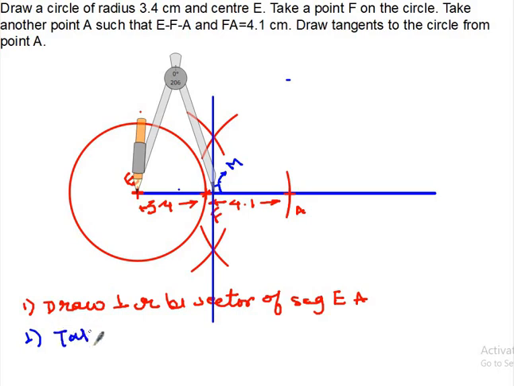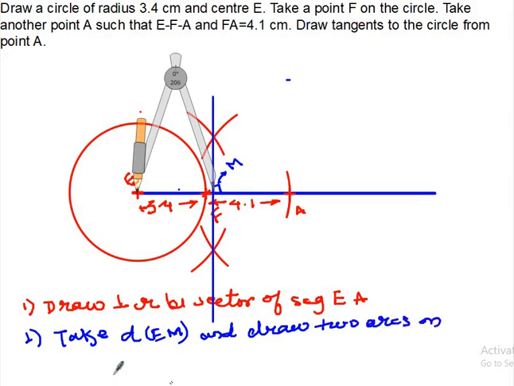Take distance EM and draw two arcs on the circle. Taking distance EM, you can draw two arcs on the circle.